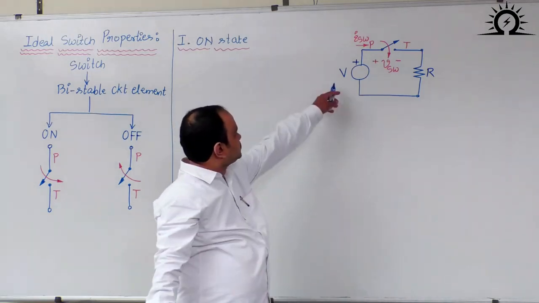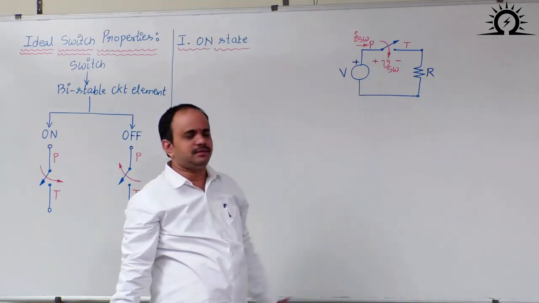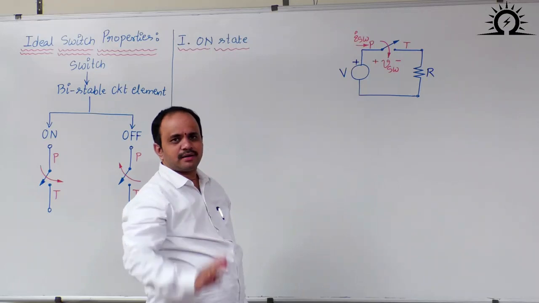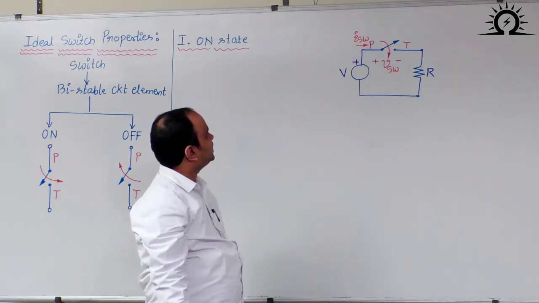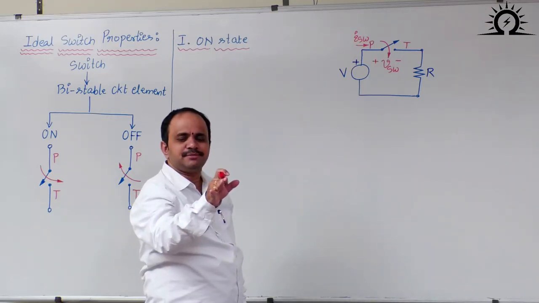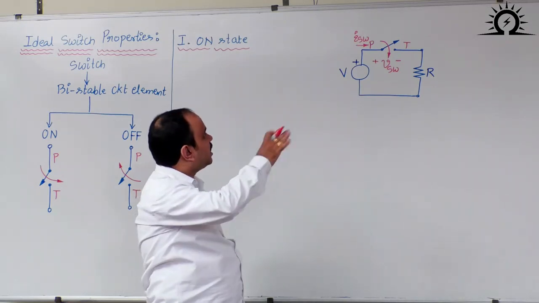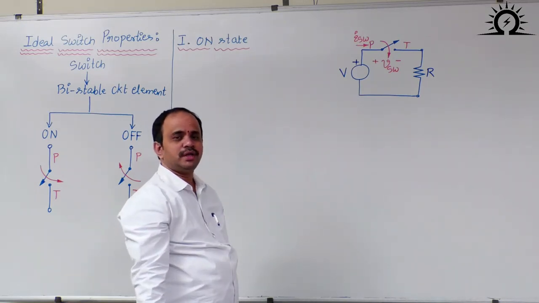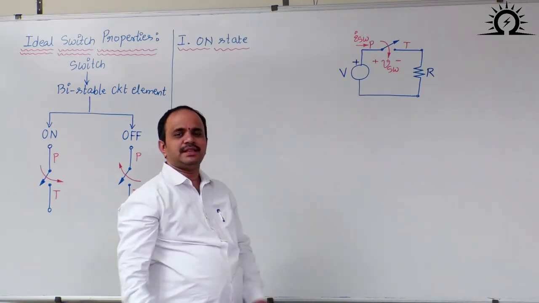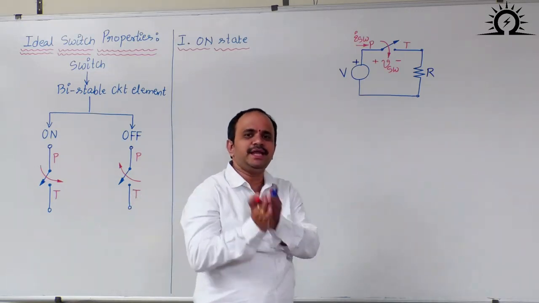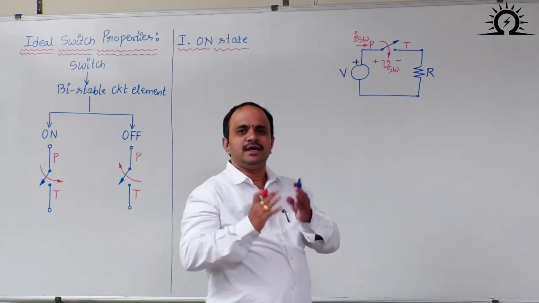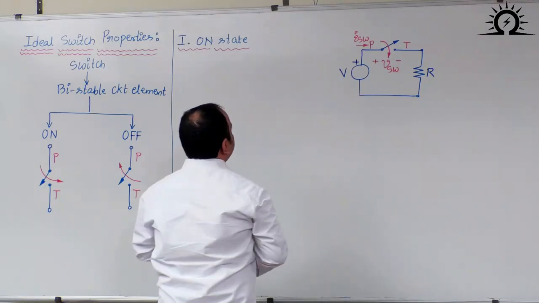That is V by R, simple Ohm's law. V depends on the source, R depends on the load. Ideally speaking, that magnitude is any number. An ideal switch can carry any amount of current.